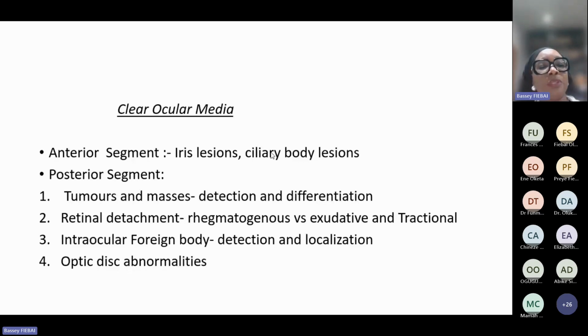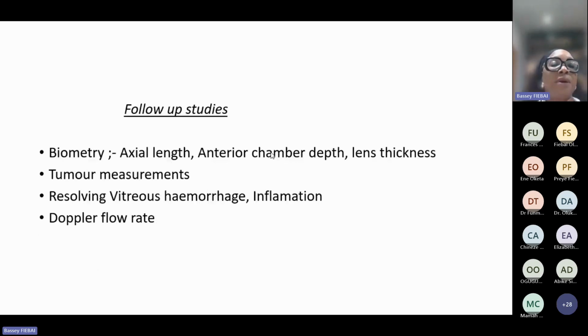Also to study retinal detachment, if it's tractional, if it's exudative, and to detect and localize intraocular foreign bodies, and of course study optic disc abnormalities. We're all familiar with its use in biometry, but it's also very useful when you start instituting some form of intervention when you're managing tumors, to measure it and then subsequently follow up to see the progress of your intervention.